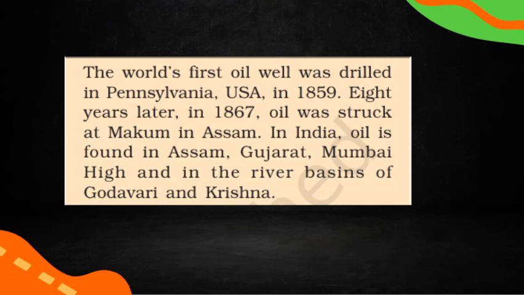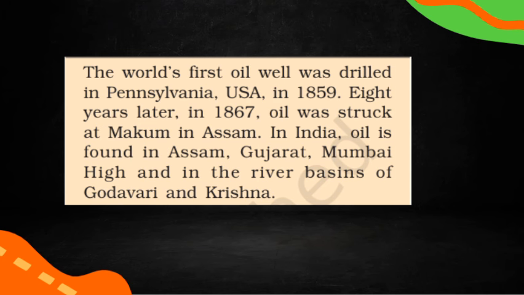This is another additional knowledge that is given in your NCERT. I have put this additional knowledge so that I cover everything in your NCERT and nothing is missed out. The first oil well was drilled in Pennsylvania, which is located in the USA, in 1859. And 8 years later, in 1867, oil was struck in Makum in Assam.